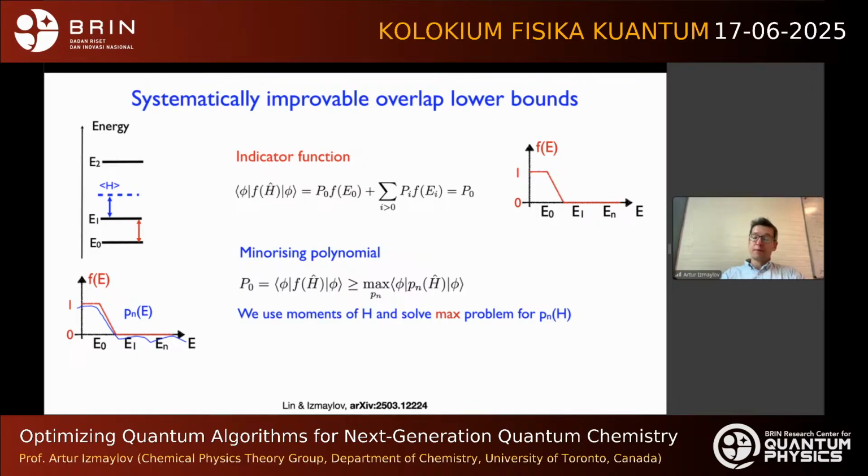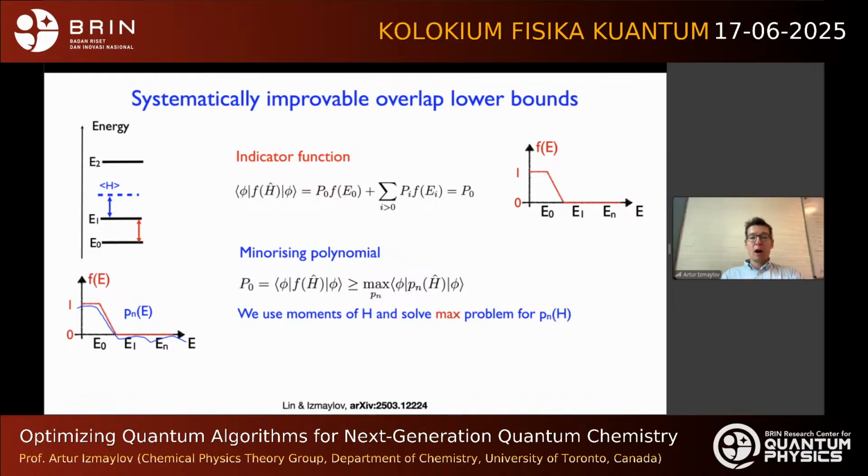A normal polynomial approximation, if you do Chebyshev, for example, or some other, will produce an approximation for this expectation value of the indicator function. We don't need an approximation. We want upper and lower bounds, right? So therefore, we specifically approximate in a way that will generate, in this case, a lower bound.